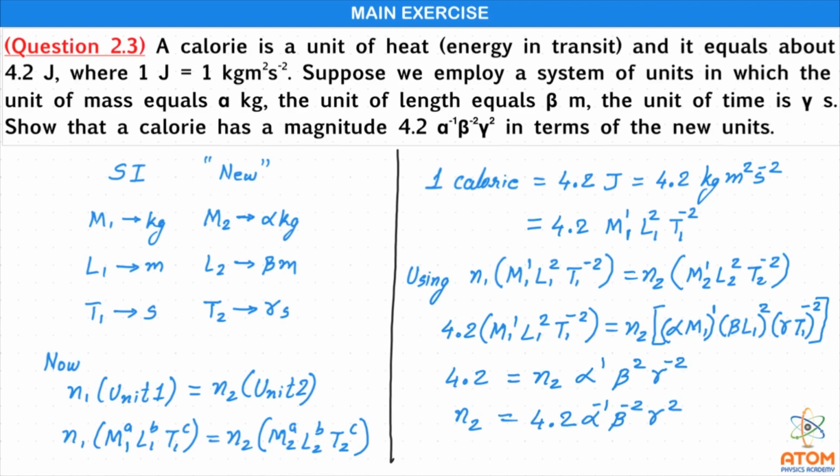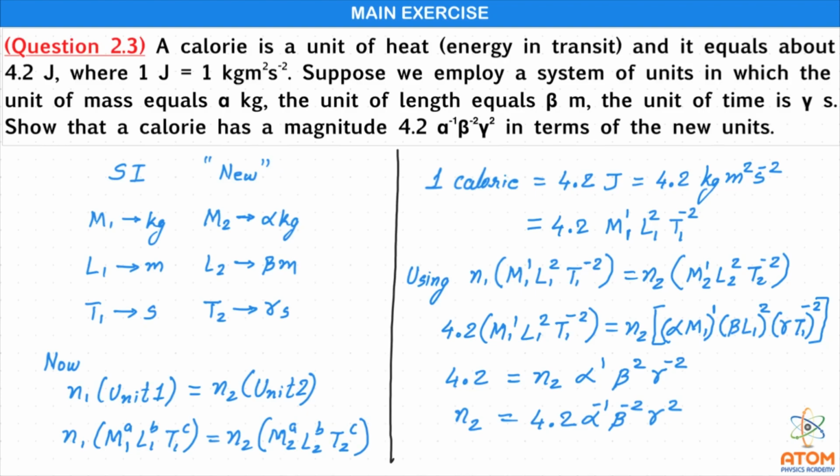Are you getting this? See, I have taken N2 as subject. So the sign of the power of alpha, beta, gamma will be changed. Here it was alpha raised to 1, this is alpha raised to minus 1, beta raised to 2, beta raised to minus 2 and gamma raised to minus 2 will become gamma raised to 2. So this is the magnitude which was asked.